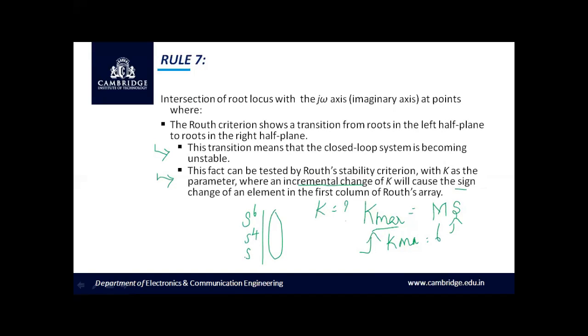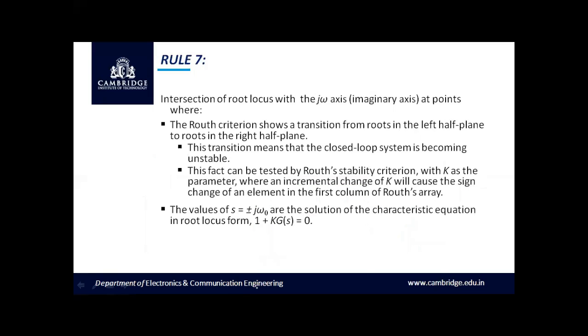If I have this generated RH array, there will be a change of sign in the first column, which is making the system unstable. And the values of s equal to plus or minus j omega naught are the solutions of the characteristic equation in the root locus, from the characteristic equation 1 plus K into G of s is equal to 0.